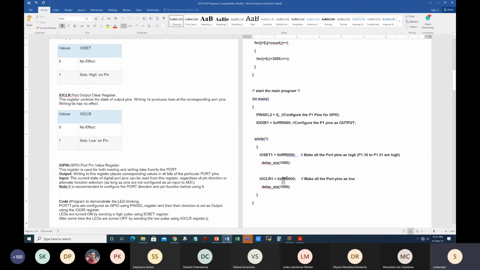So I'm just writing logic 1 to this upper 16 bits, and then also the delay comes. And after this delay, if the delay is the same, so it will look like a blinking operation with a 50% duty cycle. And this is an infinite for loop within these brackets. So this will keep on repeating indefinitely until you power off the chip.